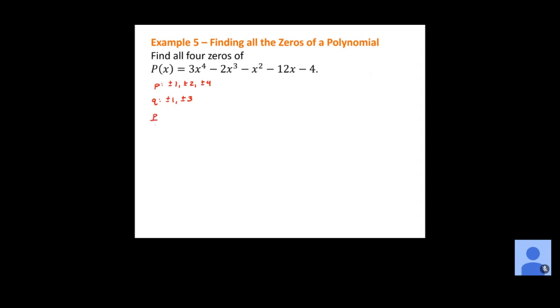So we're going to do P over Q. So if we divide all of those P values by each of the Q values, what's that list going to look like? Good, right? So we're going to have plus or minus 1, plus or minus 2, and plus or minus 4. That's dividing each one by 1. And then when we divide each one of those by 3, we'll get plus or minus 1/3, plus or minus 2/3, and plus or minus 4/3.